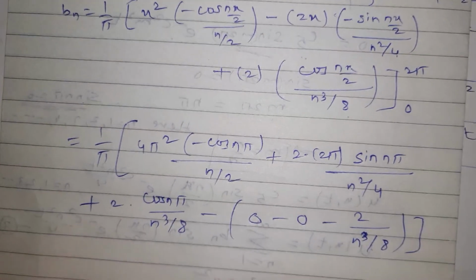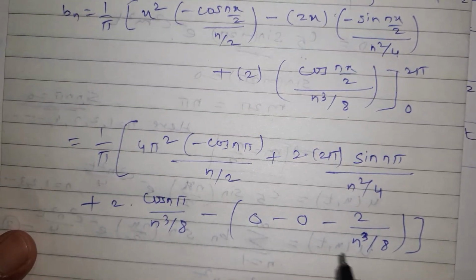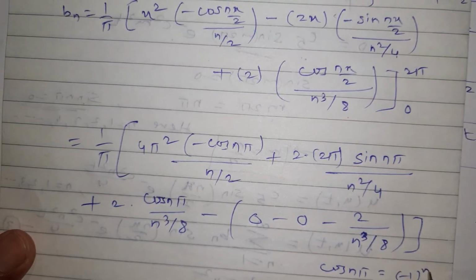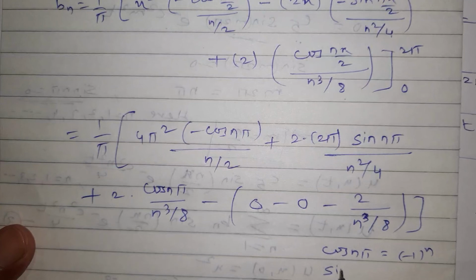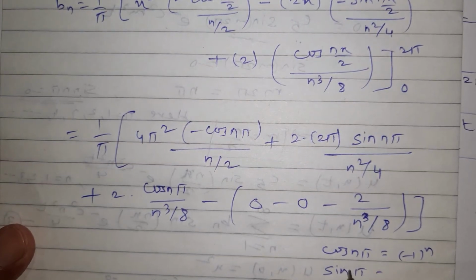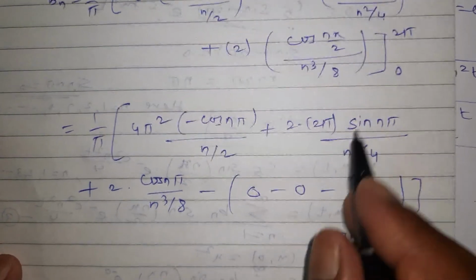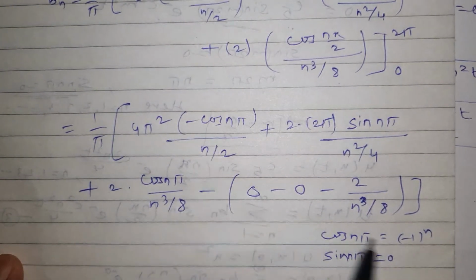Understood? Right? Now cos n pi is equal to minus 1 raised to n, and sin n pi is 0. Substitute this value, so the middle term is 0 and cos n pi is minus 1 raised to n.